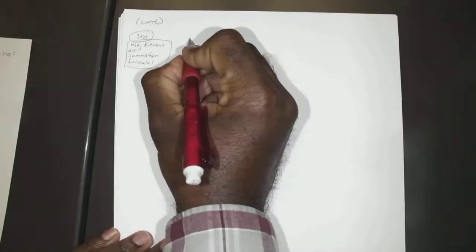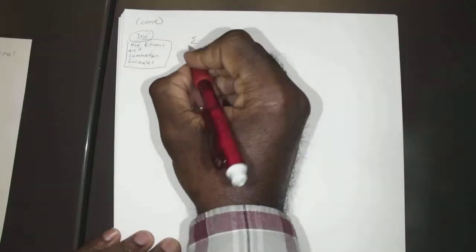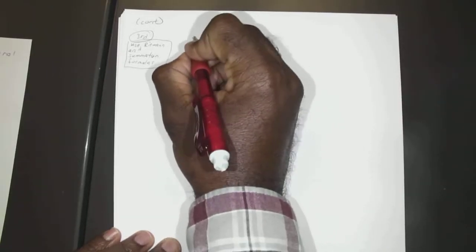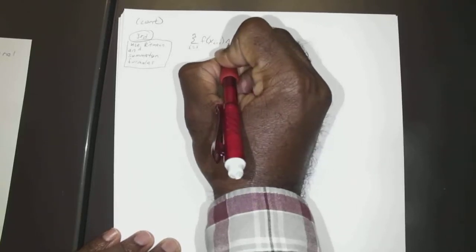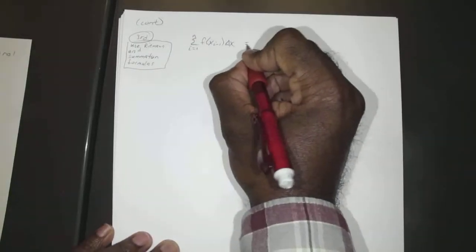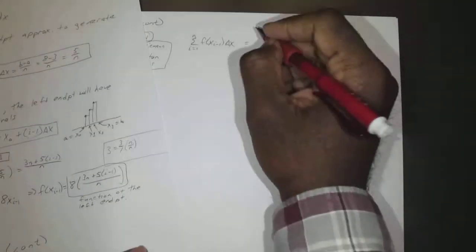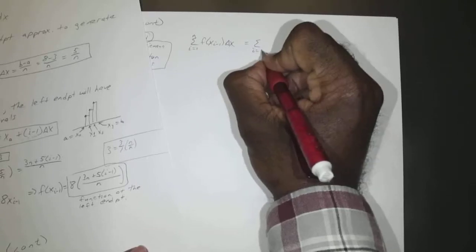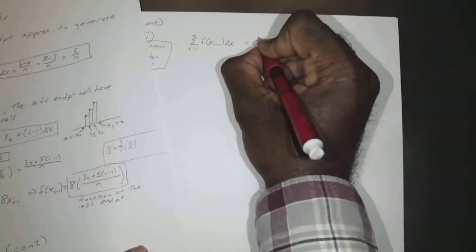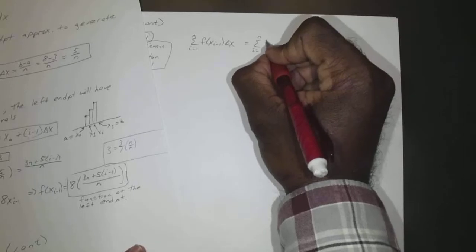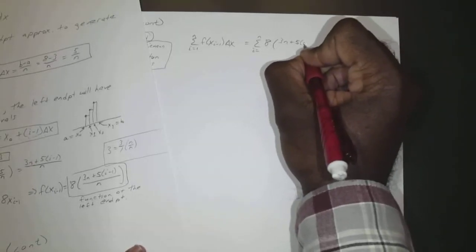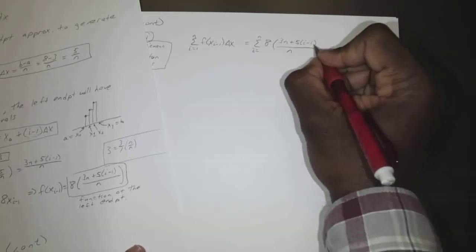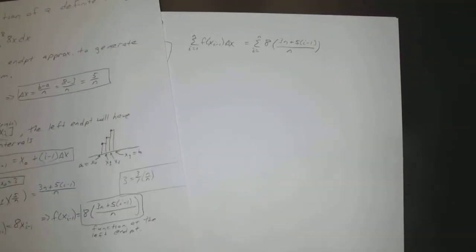For our Riemann sum, the sum from i equals 1 to n of f of x sub i minus 1 times delta x is equal to, we know our f of x sub i minus 1, so we have the sum from i equals 1 to n of 8 times 3n plus 5 times i minus 1 all over n, and our delta x is 5 over n.